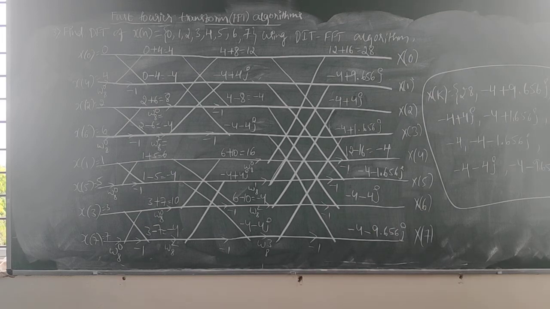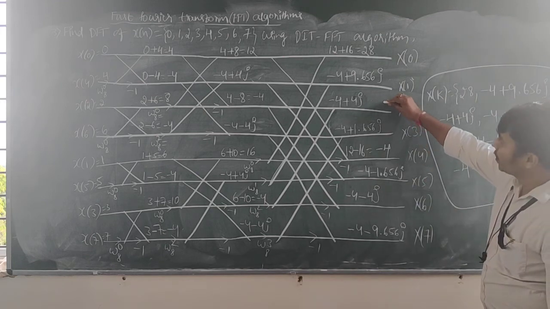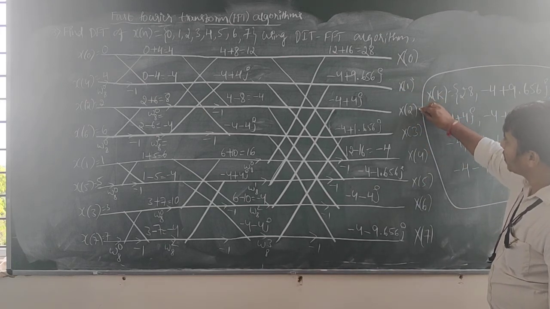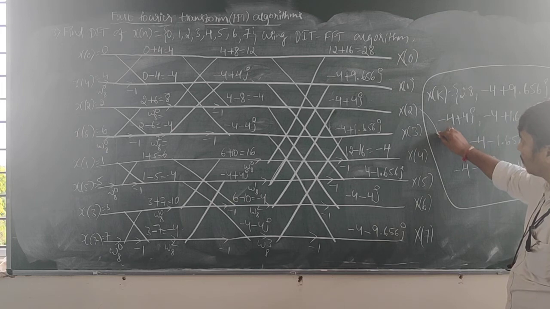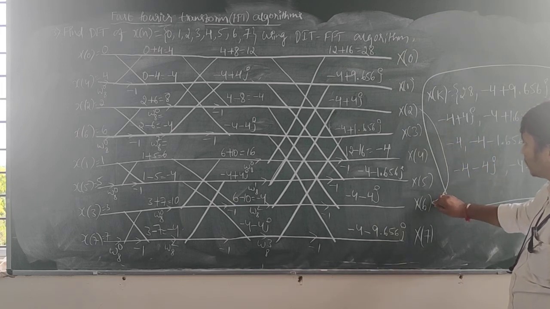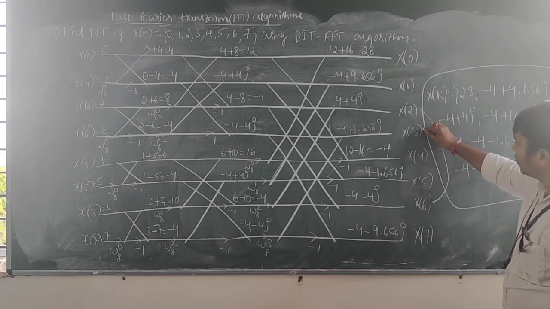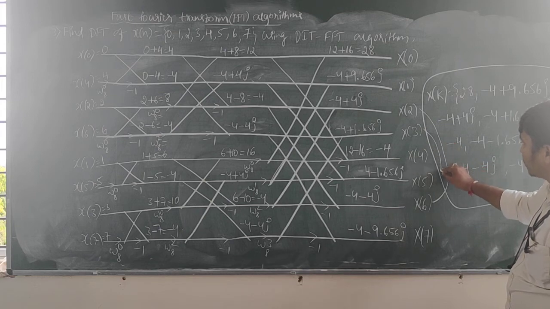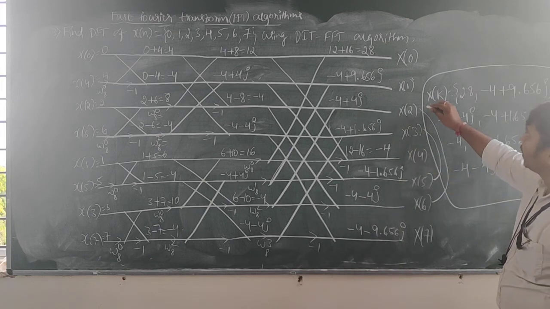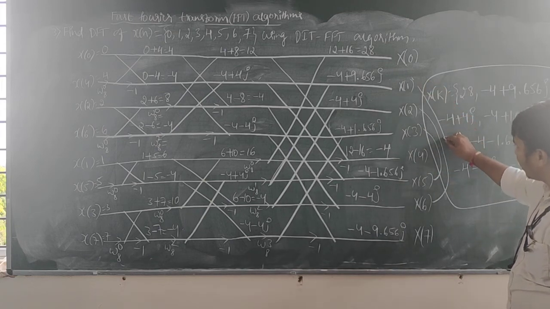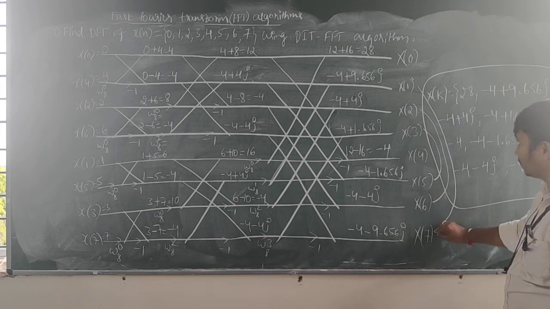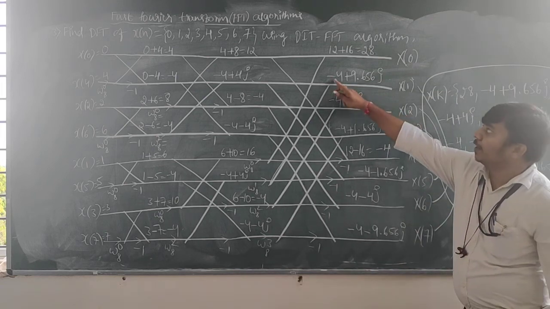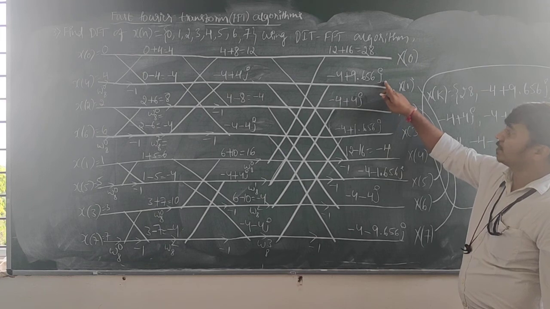So if you observe here, this x of 2 is a complex conjugate of x of 6. X of 3 is complex conjugate of x of 5. X of 1 is complex conjugate of x of 7. Observe. So here minus 4 plus 9.656j is there.